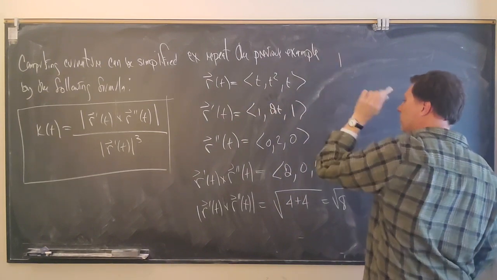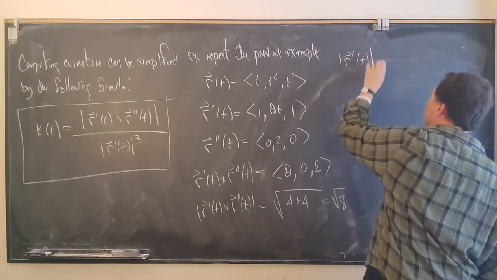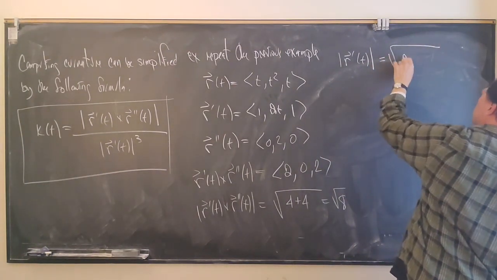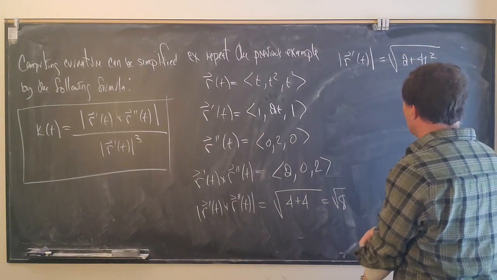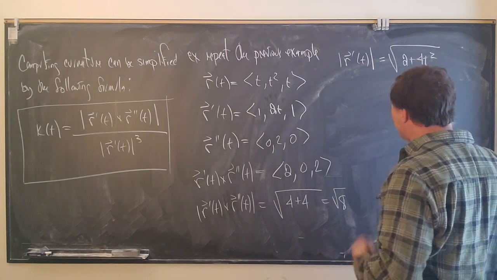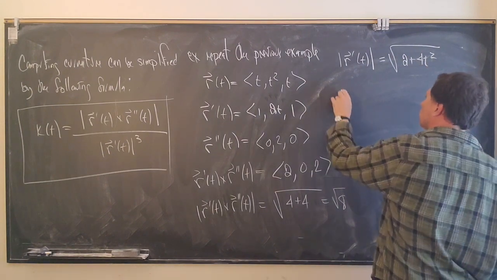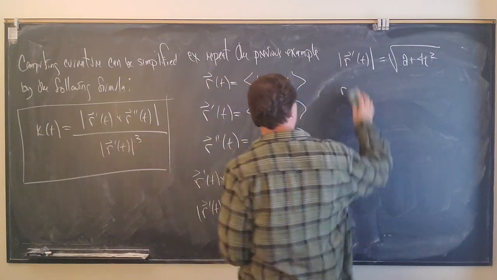The magnitude of r prime of t is equal to the square root of 2 plus 4t squared. So let's now say what the curvature is at 0 using this formula right here.